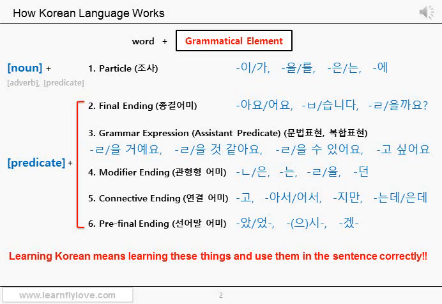The point is, Korean grammar is mostly about adding grammatical elements to the word. And these grammatical elements are used to indicate the exact role of the word in the sentence, like the postposition particles, or to express a certain nuance, meaning, tense, or even your emotion.